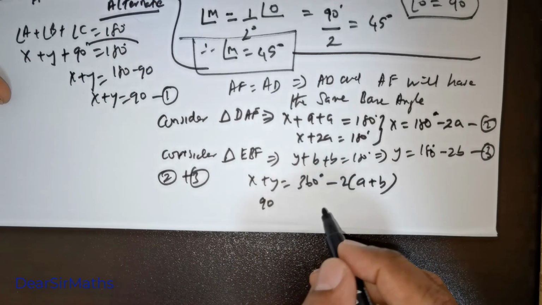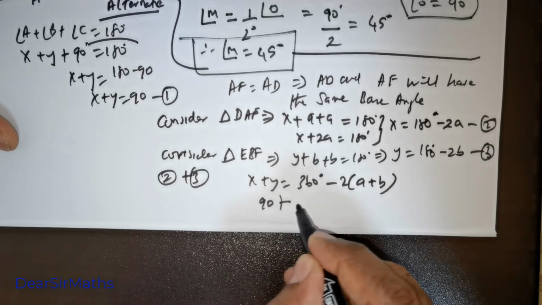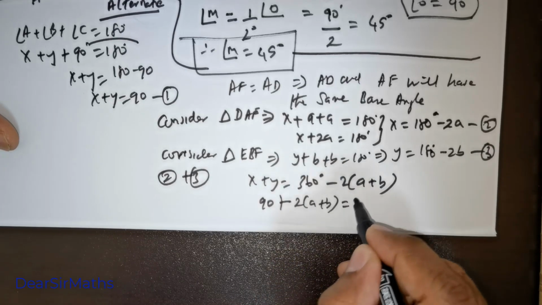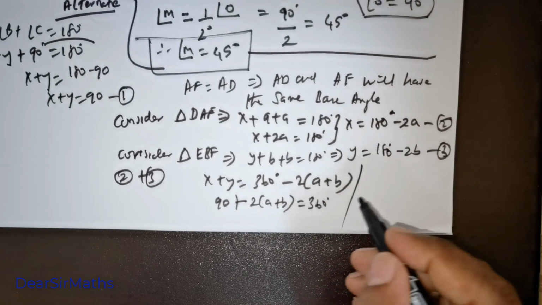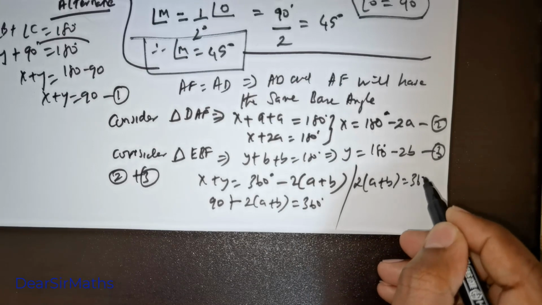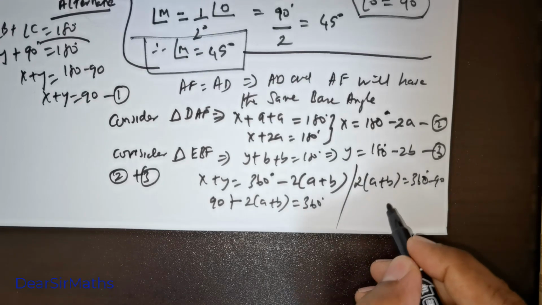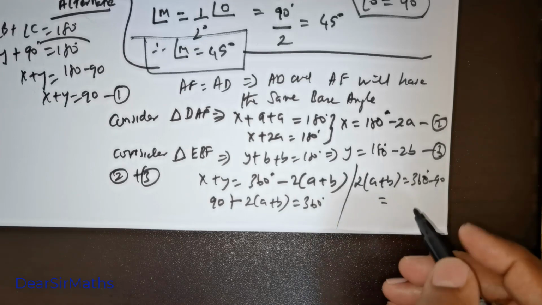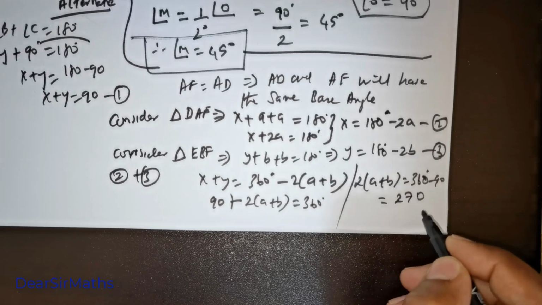I push this negative 2 times of a plus b to the left. So it's going to be positive 2 times of a plus b. 2 times of a plus b is equal to 360. So from here, 2 times of a plus b is equal to 360 minus 90. So from 360 you take away 90, what do you get? You get 270.